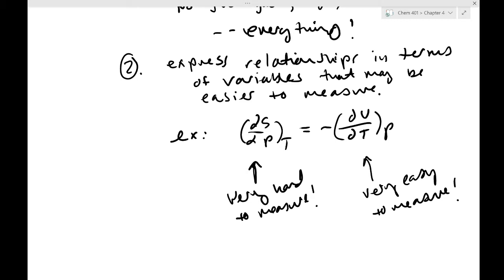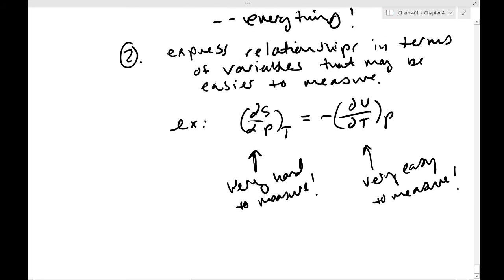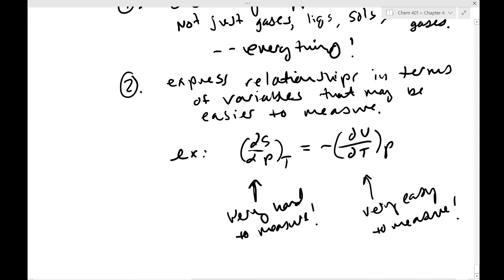These are both macro values, macro observables that we can actually see and feel and sense. So we can relate that back to the change in entropy with respect to pressure without ever measuring the entropy. They are extremely useful in a practical sense, because you can now know things about entropy without ever having to measure entropy or any of the other state variables.